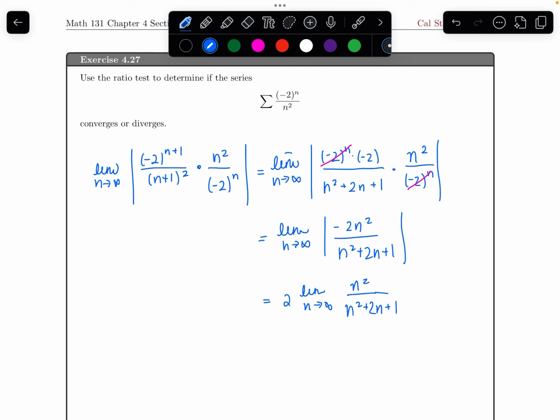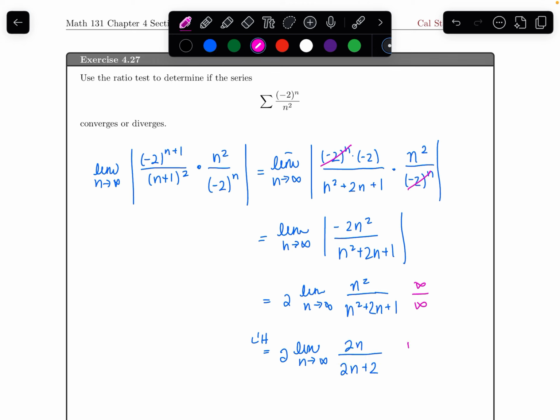And this is a L'Hopital's rule case. Again, right? This is our infinity over infinity case. Let's take our derivative. I get 2n over 2n plus 2.